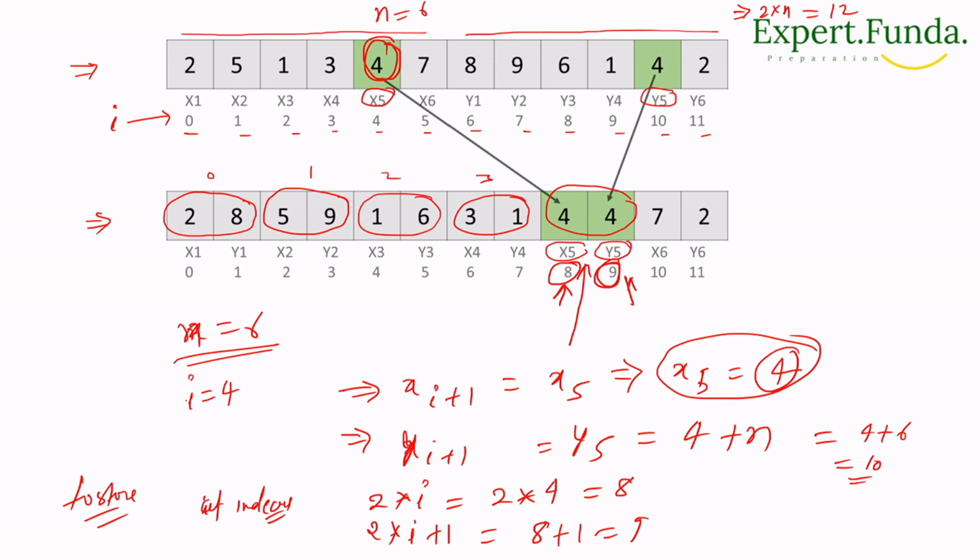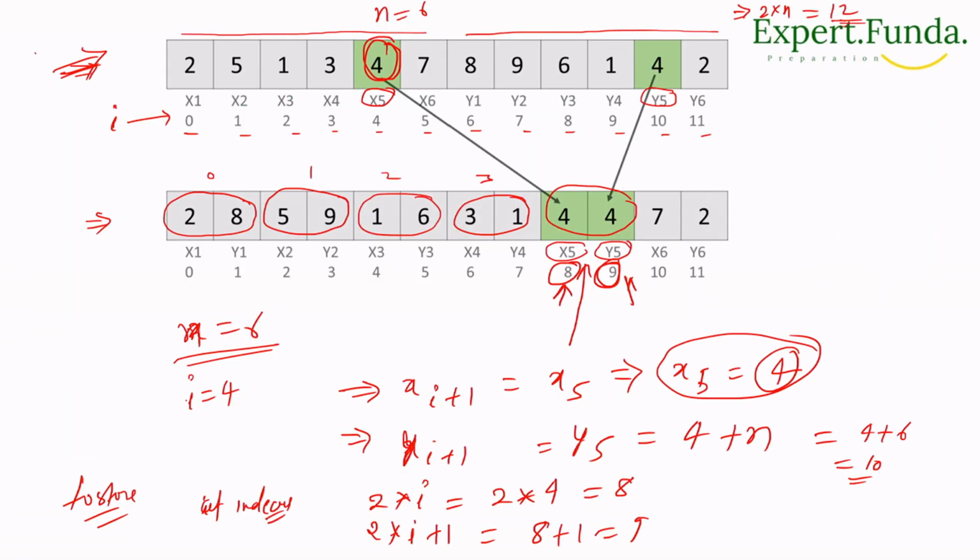So this program is a very simple program in which we will build the temp array, which will be our temp array, or you can say output array, where we can store a total of 12 elements. Then we will iterate the number array from 0 to n minus 1, correct?